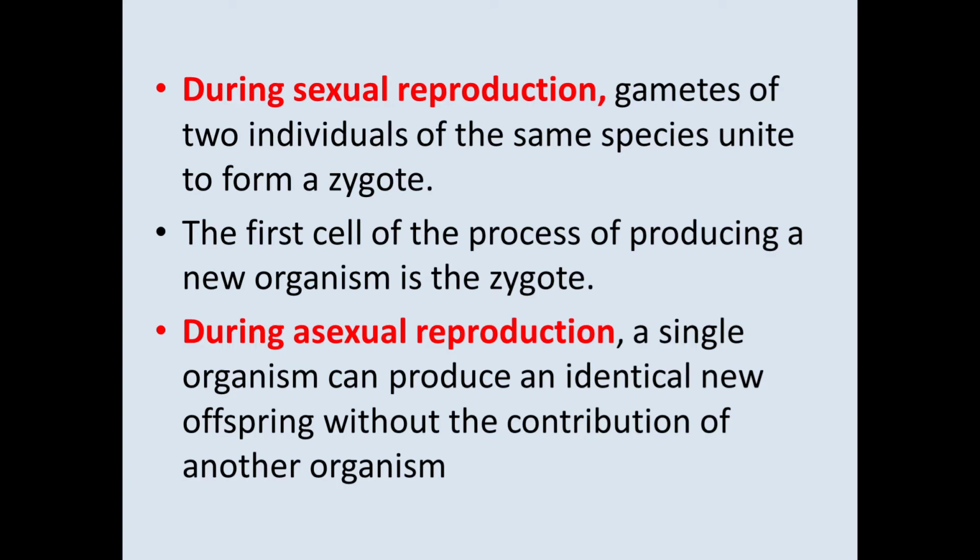I told you, during the sexual reproduction, gametes of two individuals, male and female, combine and make a new organism. At the very initial stage, the male gamete and female gamete combine to form the zygote. Then the zygote divides and develops into a new organism. During the asexual reproduction, a single organism can produce a new organism without involvement of gametes.